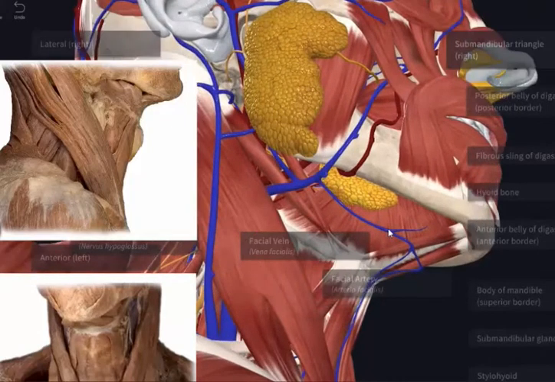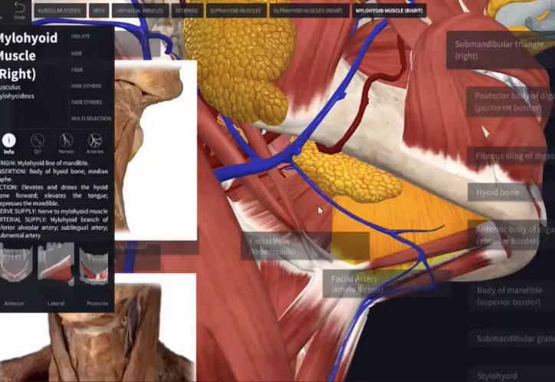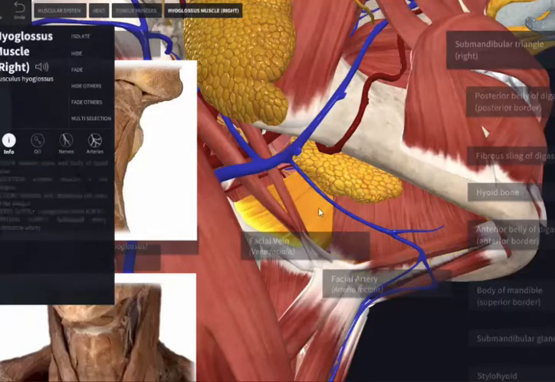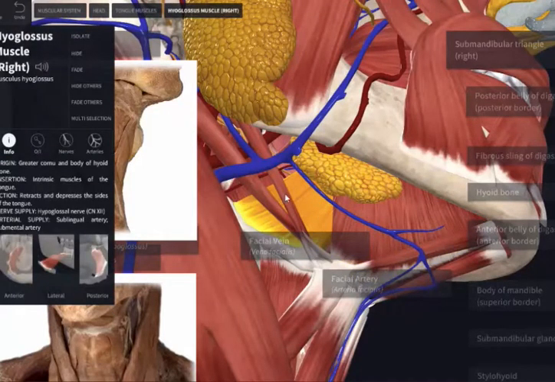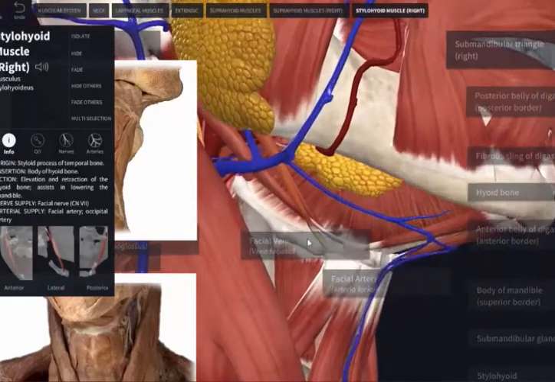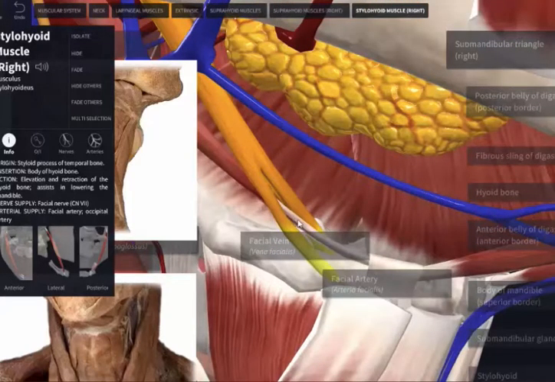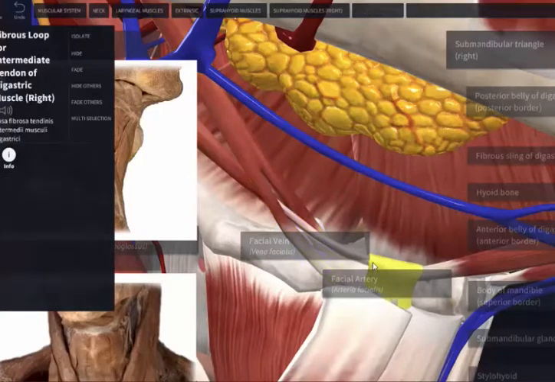So if we zoom in a little bit here, we can see this is your mylohyoid muscle, and this is your hyoglossus muscle. You should also be able to find this muscle here, which is called the stylohyoid, because it comes from the styloid process and then attaches to the hyoid bone. You can see that it actually crosses right over the tendinous sling, or intermediate tendon, that connects the anterior and posterior digastrics to each other.